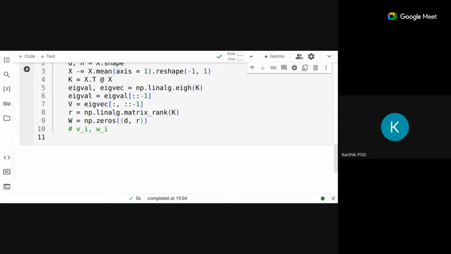No, we did this last week, right? So you recall, if you have two matrices, X transpose X and XX transpose. You know the eigenvector of X transpose X. How do you get the eigenvector of XX transpose? The eigenvalues will be the same, right?